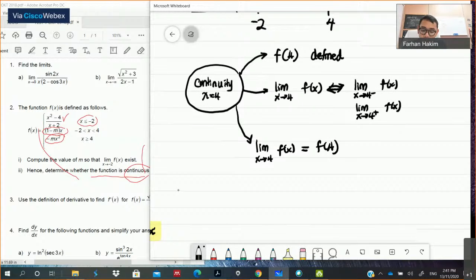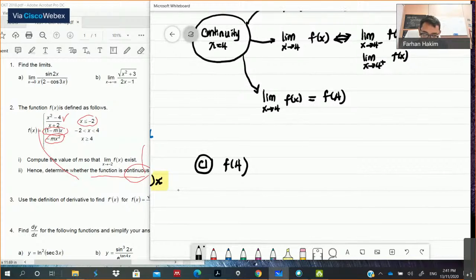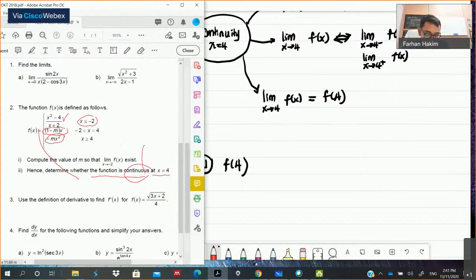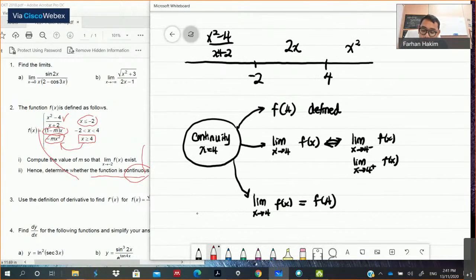So let's find f(4), condition number 1, which I'll mark as C1. But for f(4), which function should we substitute? Go back to your initial inequality. Since x equal to 4 is here, we have to use this function, substituting the value of 4 inside.